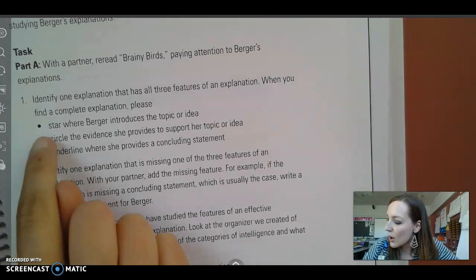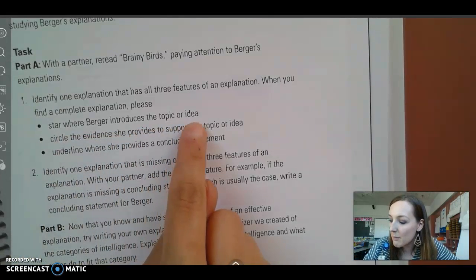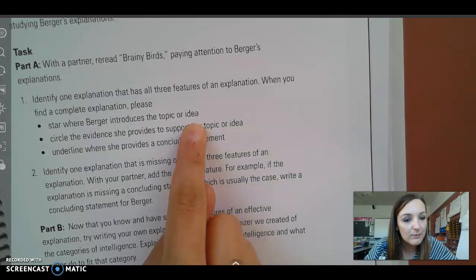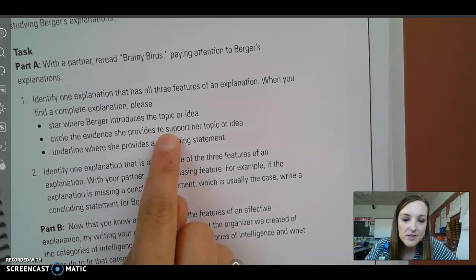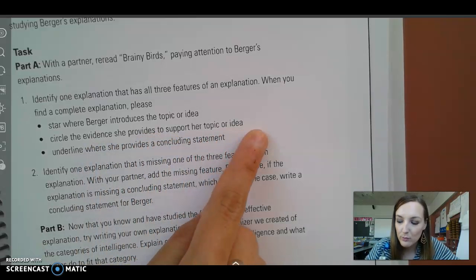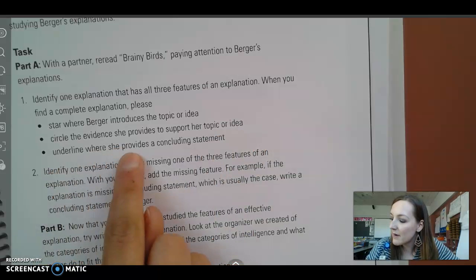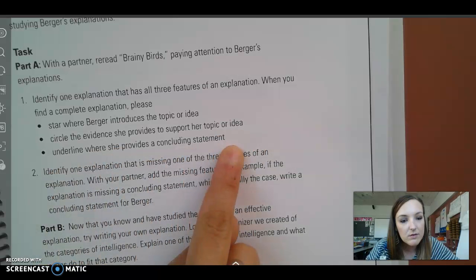Please star where Berger introduces the topic, and we did that already in my example. Circle the evidence she provides to support her topic or idea. We did that also on the example together. Underline where she provides a concluding statement. So we did that also on my example.